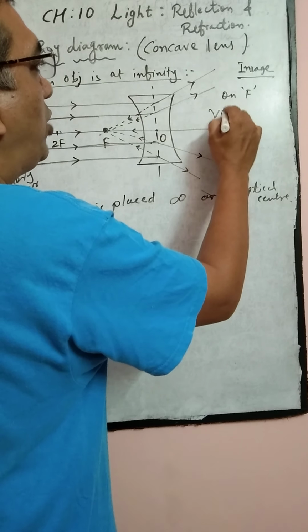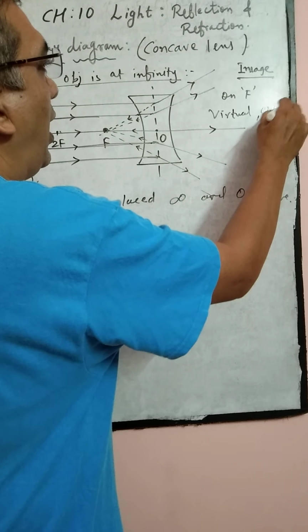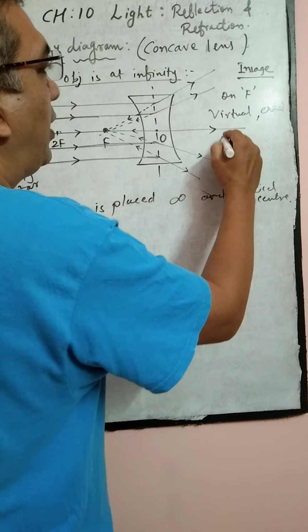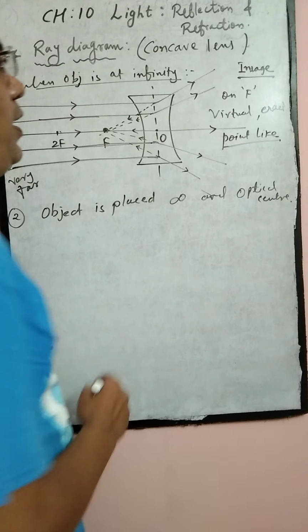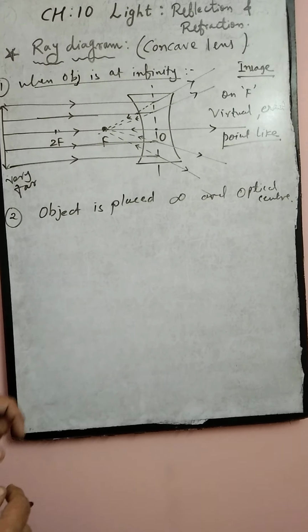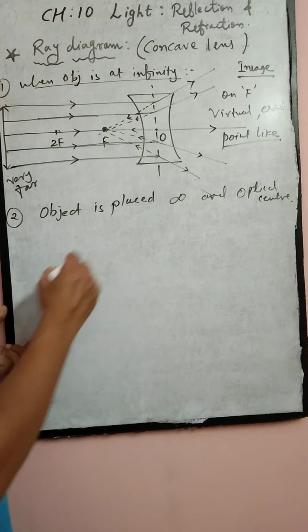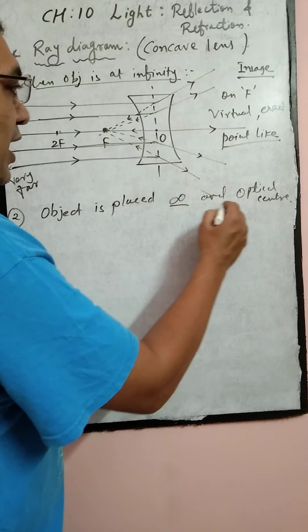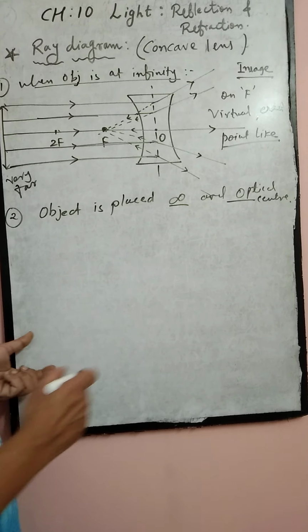Virtual, erect, and highly diminished, a point-like image. These are the nature of the image formed by a concave lens when the object is at infinite distance. Now let us consider the second possible position of an object.